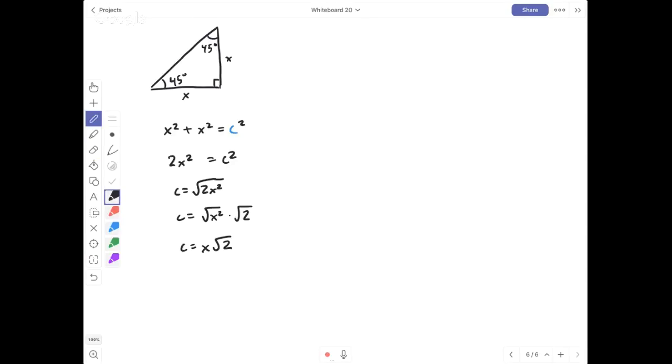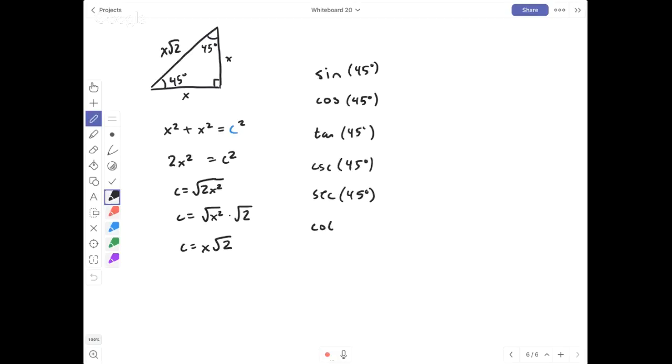So x root 2. So from there, I can find all of the trig ratios, right? Cosine of 45, sine of 45, tangent of 45, cosecant of 45, secant of 45, and cotangent of 45.